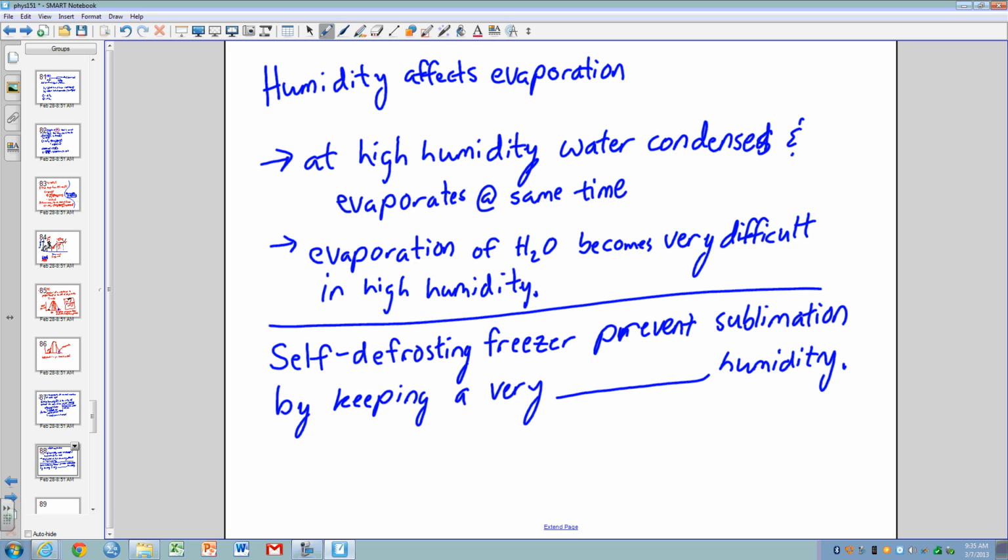Which is it? Does a self-defrosting freezer make the environment in your freezer very high humidity, or does it keep a very low humidity?